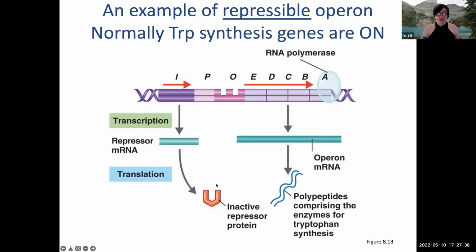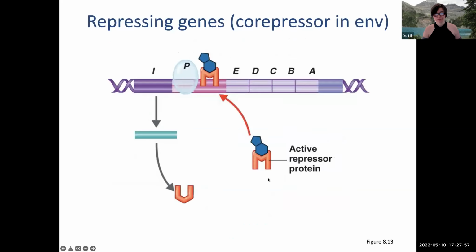What is the environmental cue that we need to cause this repressor to change its shape and bind the operator and stop transcribing? What is that environmental cue that should be what this repressor cares about? Tryptophan, right? There it is. This is tryptophan. When tryptophan binds to this, it turns it into a functional repressor.